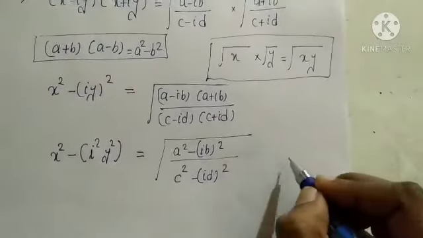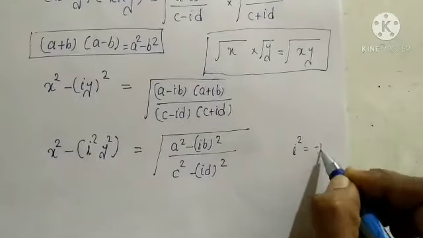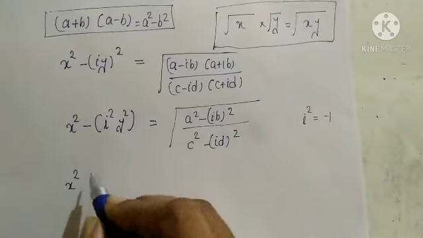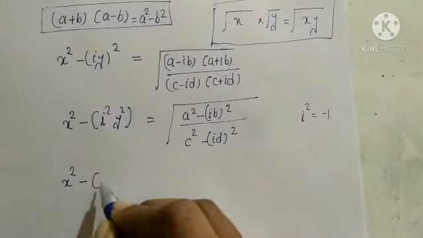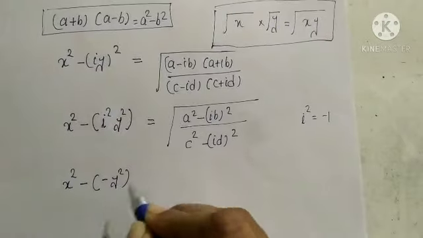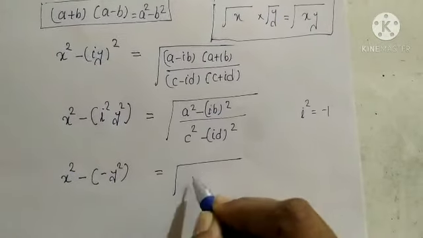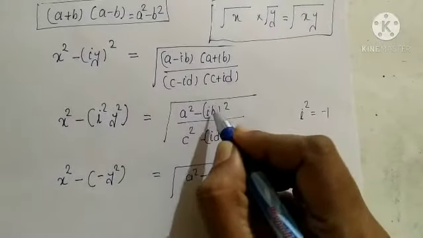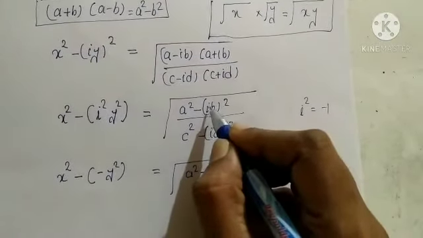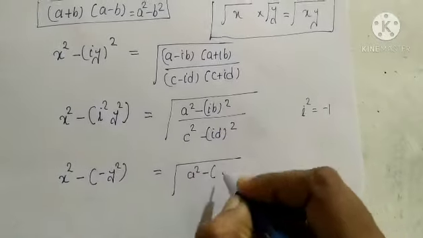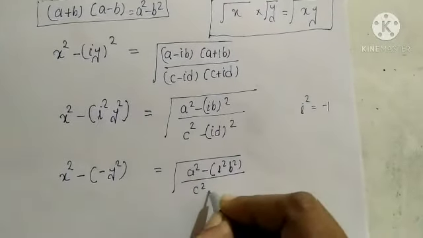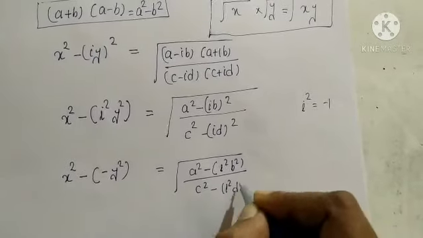Okay, and we know that the value of i square is minus 1, so replacing i square by minus 1, it will become minus of minus y square here equal to root of a square minus of, here also taking this square inside this bracket, it will become i square b square, and the whole divided by c square minus i square into d square.